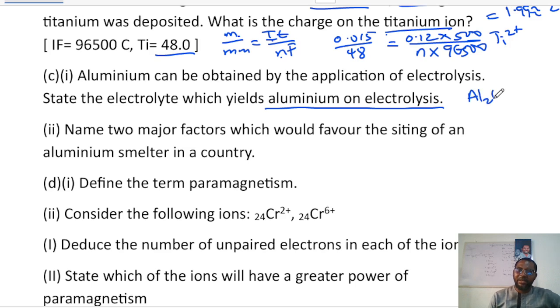You can have Al2O3, aluminum oxide. Electrolysis of aluminum oxide can give us aluminum. Okay, that is very, very important for us to note.